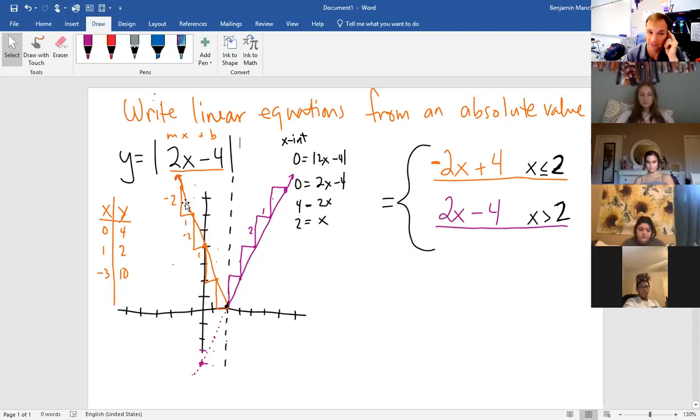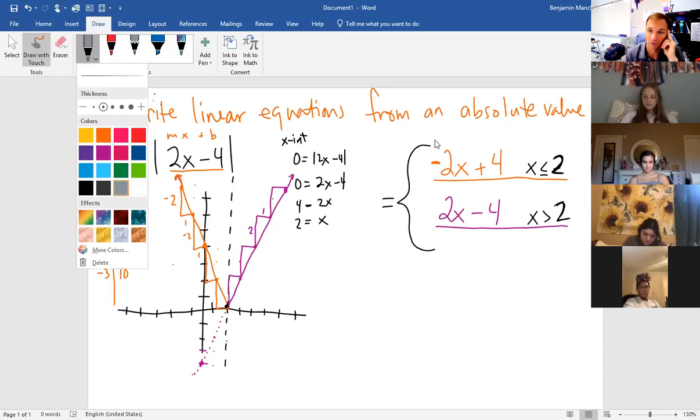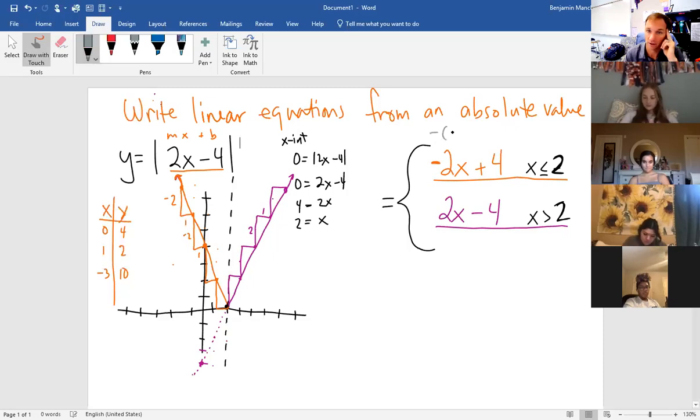On the left side, it's negative; of course, on the right side, it's positive. So if we were to make some generalities, this is the negative of 2x minus 4. Because this is on the negative side, the negative of 2x minus 4 is -2x plus 4. So that's going to be the equation here.